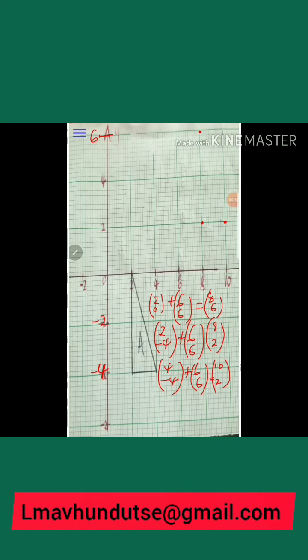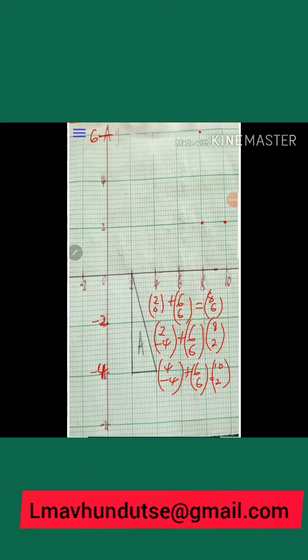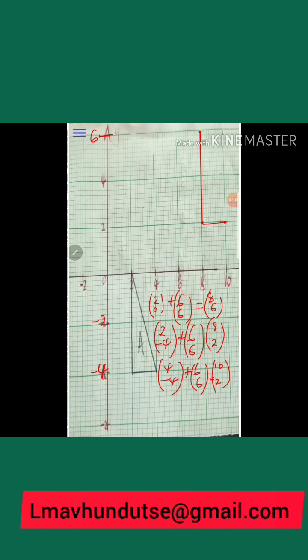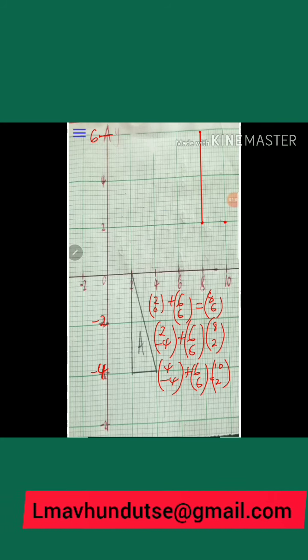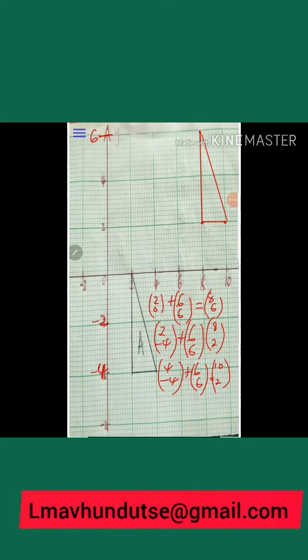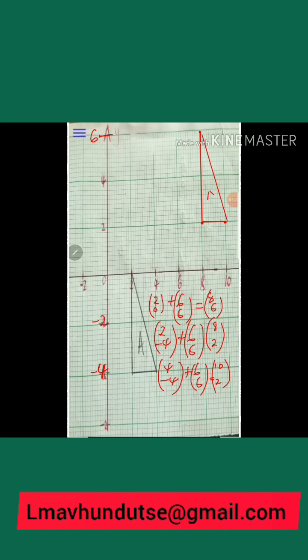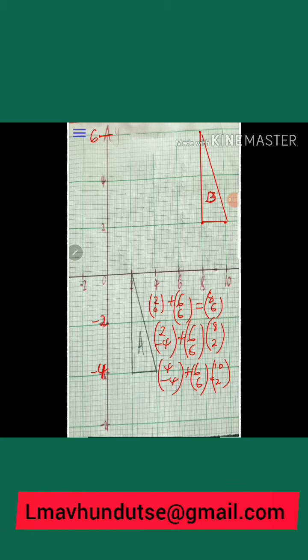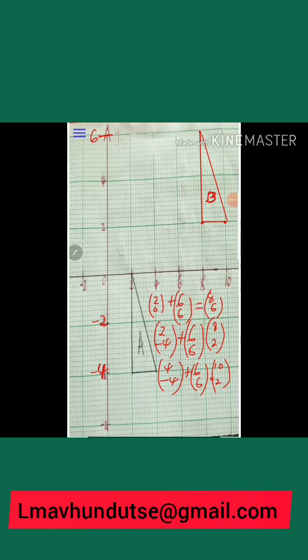Here's our triangle B. As you can see, triangle A and triangle B are exactly the same. That is translation. Translation does not change the size of the shape.